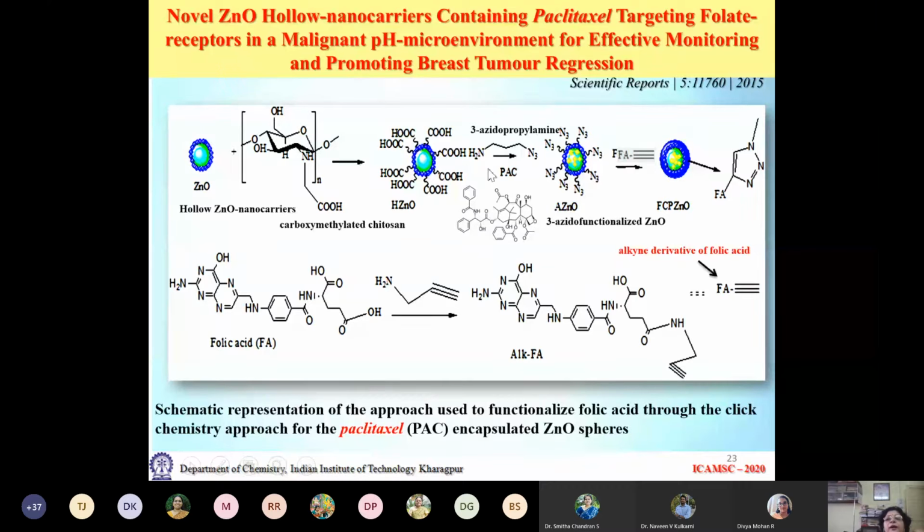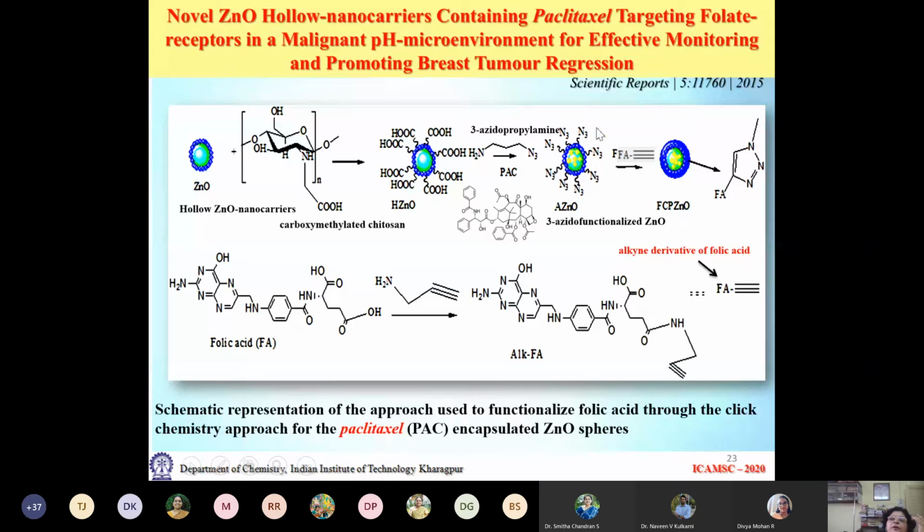See, we are going to have azide, which is going to be introduced with the folate. So azide folate, this step has to be separately performed. And then you have the amine functionalization, so that the paclitaxel is attached. So this is how the azide functionalized zinc oxide will look like.